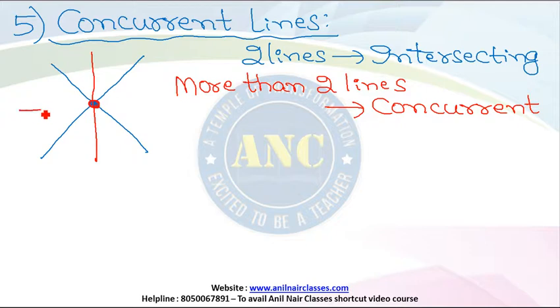There can be another line like this which is passing through the same point. These 4 lines are called concurrent lines in this case. I hope the idea is very clear for you people. I am sure that you are not getting any doubt with respect to the difference between intersecting lines and concurrent lines. Now, this is the definition of concurrent lines.